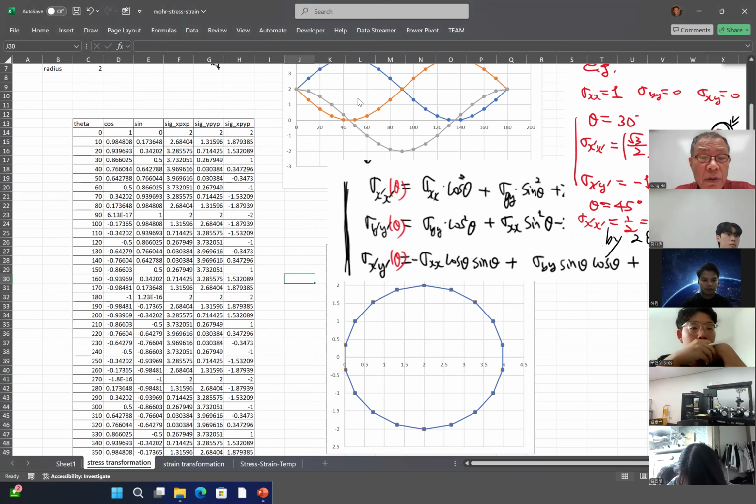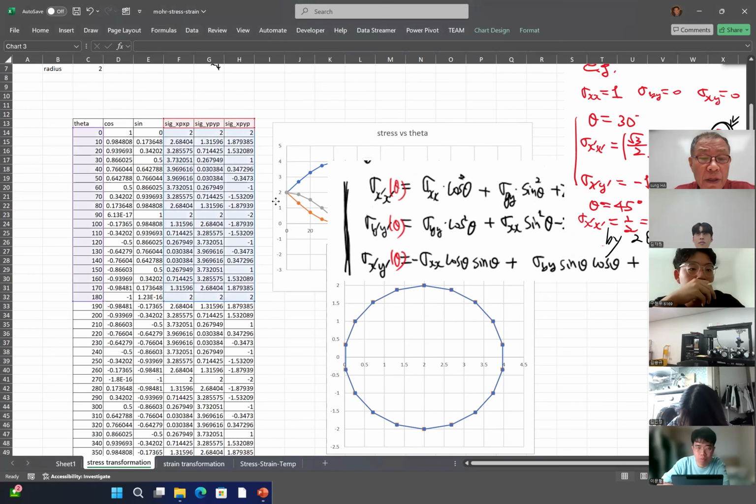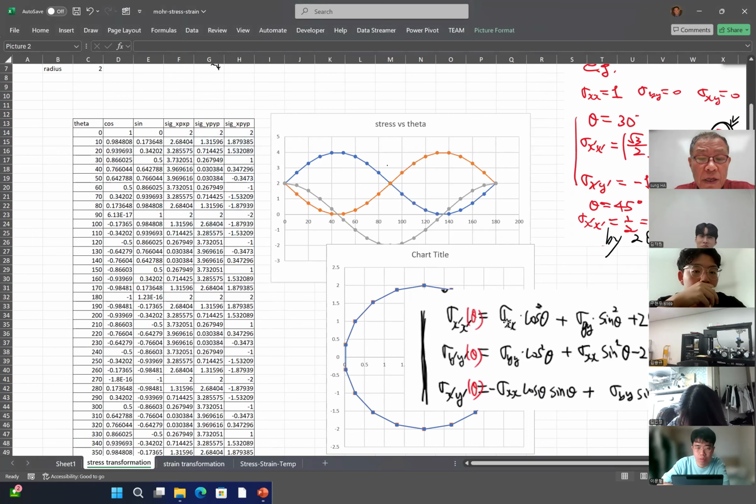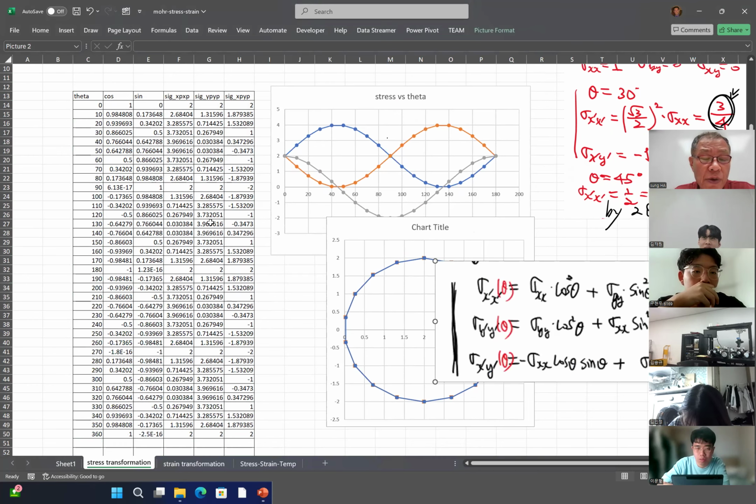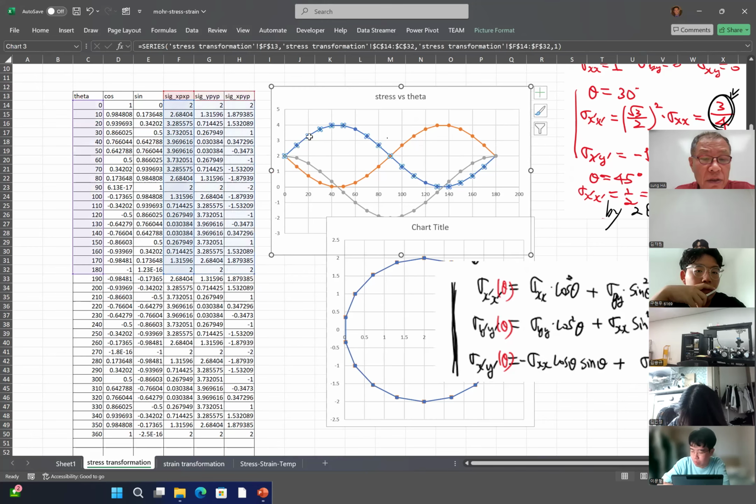Okay, so this way, as you can see, we can very conveniently work with the plot and also work with a vector and so on. So this one can also be extended like this and like that.